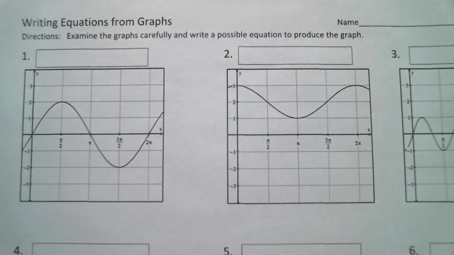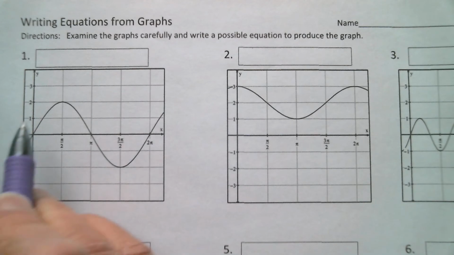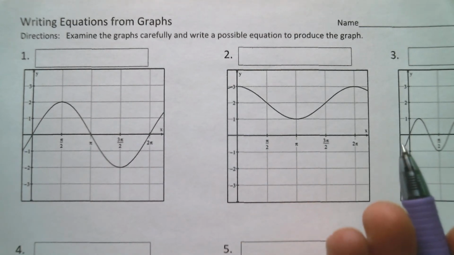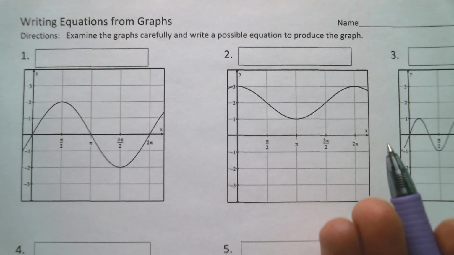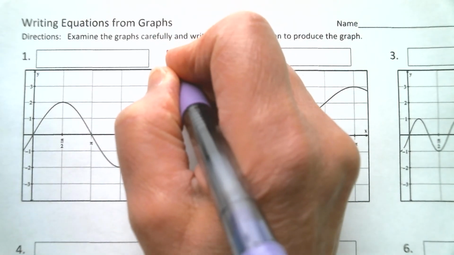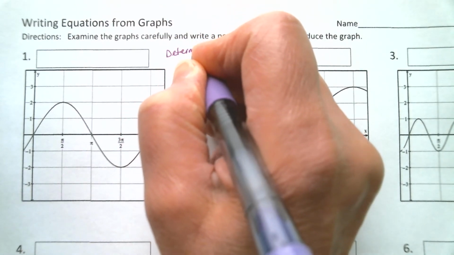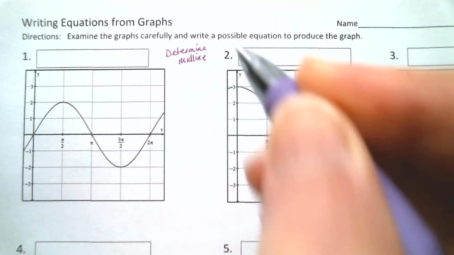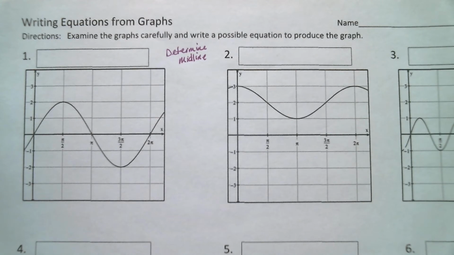Okay, so now the other worksheet here, writing equations from graphs. So given the graph, we want to come up with each equation. First thing we want to do is determine the midline. I think I'm going to use a highlighter for this.